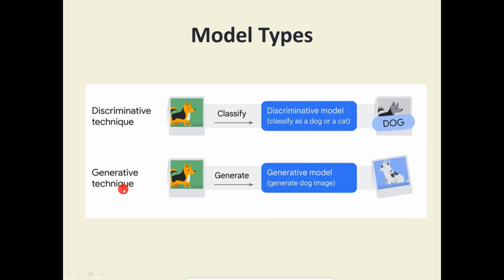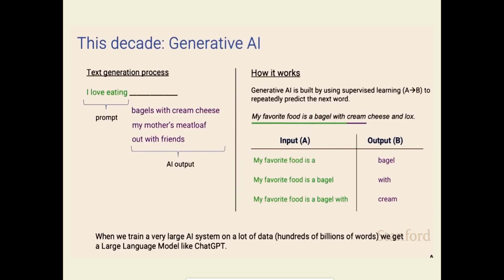With generative techniques, the model generates a dog image, text, a video, or images like that. These are the two model types. Next is how the training happens in generative AI. I will explain this later.